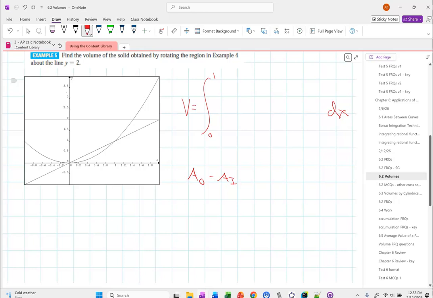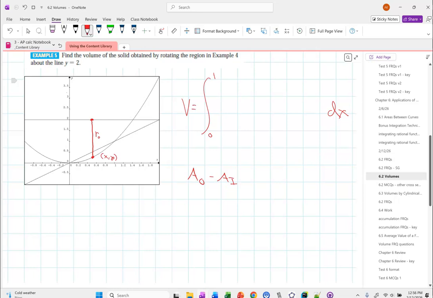So let's start with an arbitrary A outer, I suppose. I'm going to start with the axis of rotation because that's where my radius is going to begin, and it'll extend to the outer function. Everybody okay there? Now this is the point x, y, right?